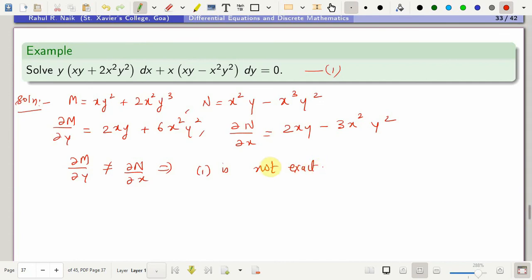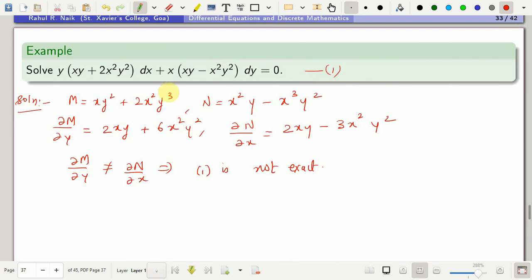Now we need to find a rule to solve this equation. If you look at this equation, y into (xy plus 2x square y square) dx plus x into (xy minus x square y square) dy equal to 0. This is exactly in the form of y into f of xy dx plus x into g of xy dy equal to 0. So this can also be solved using that rule, provided it satisfies the condition xm minus yn non-zero.